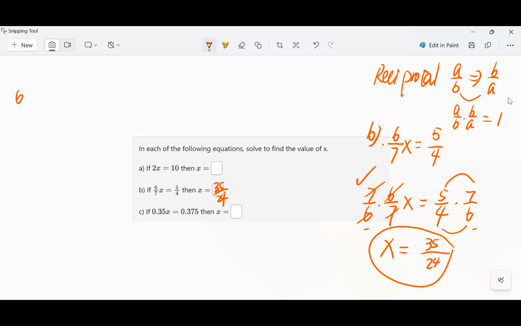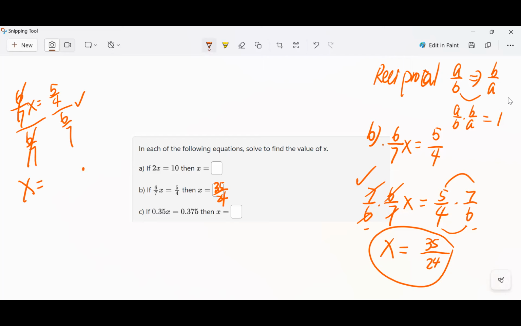Also, you can divide, but you're going to deal with the long division. You can divide by 6 over 7, and then cancel because we divide by the same fraction. X is by itself. Now you turn this division into a multiplication.